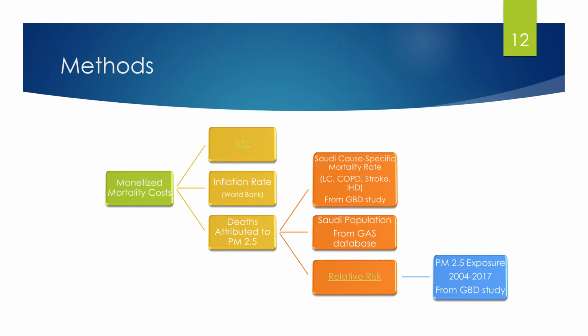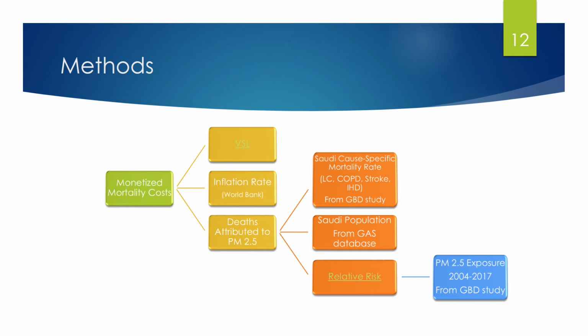Those mortality rates were obtained from the Global Burden of Disease study, which is a major study done by over 3,000 researchers around the world, and it estimates the mortality rates for different causes, and these are published on a database owned by the institute that runs the study. So these are all publicly available information.